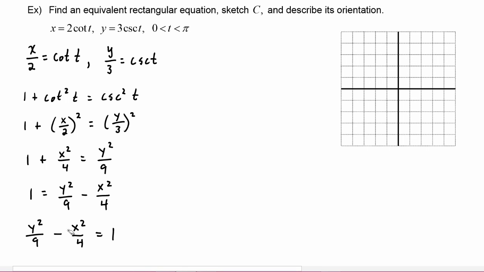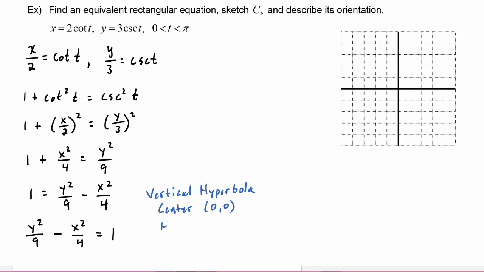Now, because of that minus sign and both variables being squared, we know that it's a hyperbola. Because the y comes first, we know that it is a vertical hyperbola. We know that the center is at the origin, 0, 0.